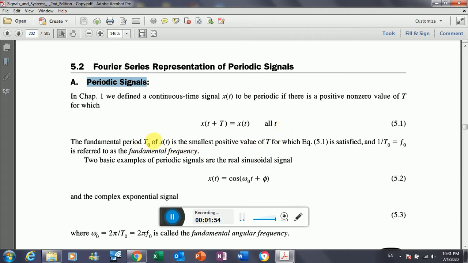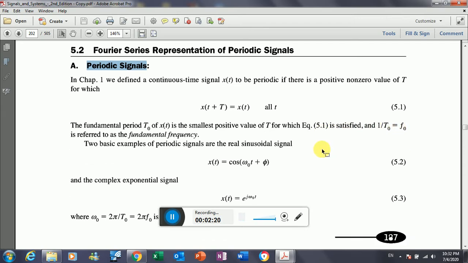So fundamental period T naught of x of t is the smallest positive value of T for which this equation is satisfied, and f naught is equal to 1 over T naught. You also know this relation very well. This is also known as fundamental frequency, and omega naught is equal to 2 pi f naught, which is also known as fundamental frequency but in radians, right?